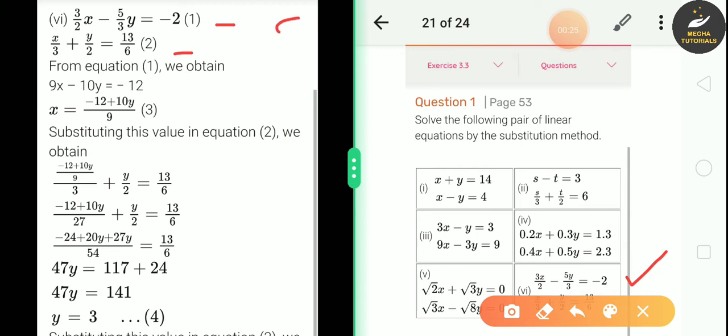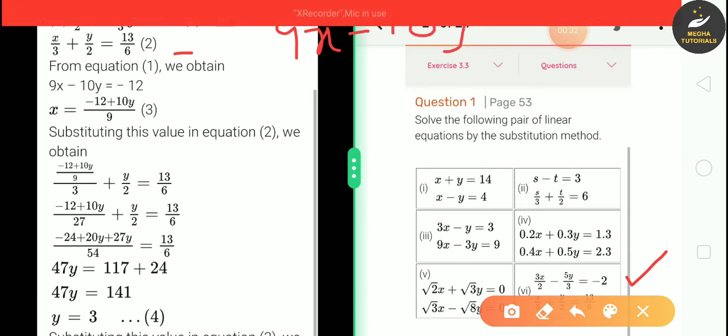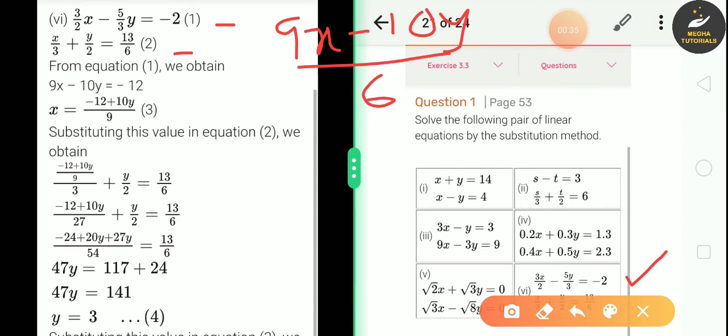So 3 into 3 is 9x minus 5 into 2 is 10y upon 6 is equal to minus 2. So this 6 will transpose on the right hand side, and we'll get 9x minus 10y is equal to minus 12. So further you can find the value of x. So we'll get x is equal to minus 12 plus 10y upon 9, that is equation 3.